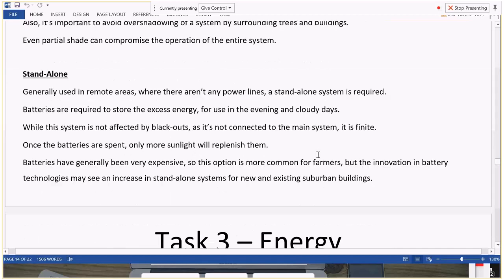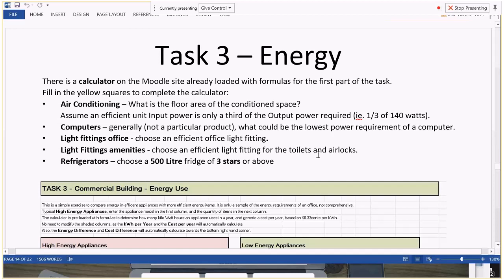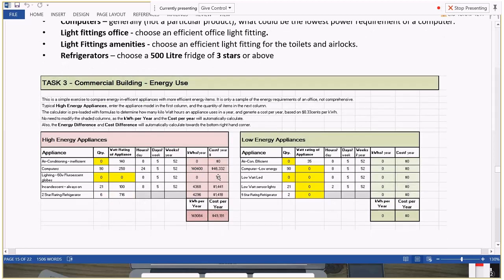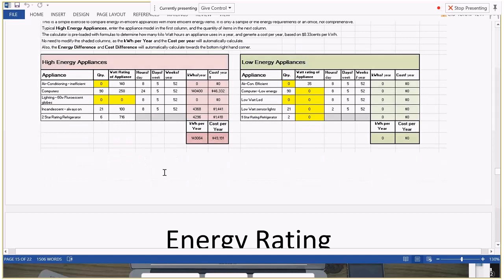So I think we've spoken enough about grid versus standalone. So this is your Excel spreadsheet for calculating that. Underneath there, it's got the solar panels included.